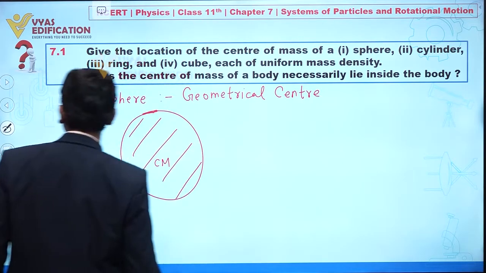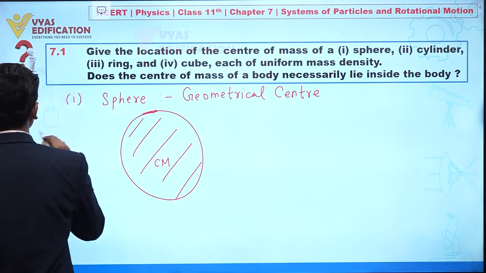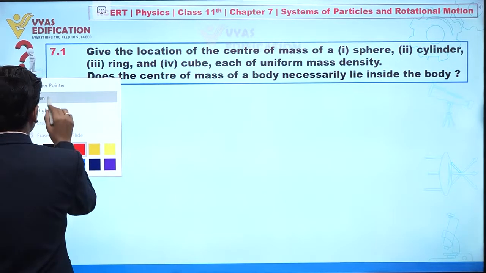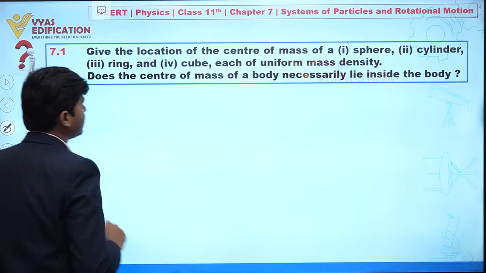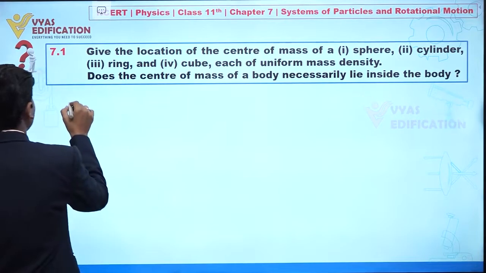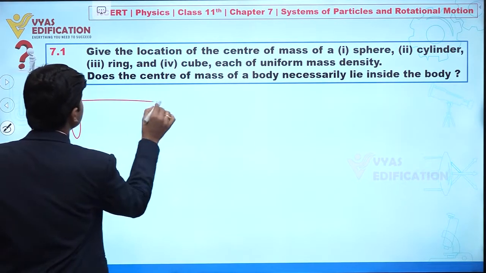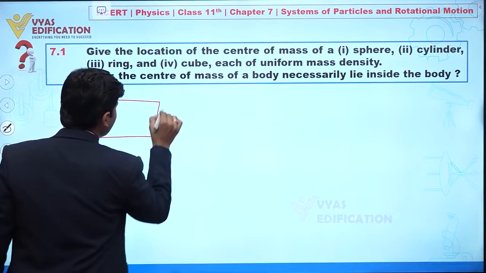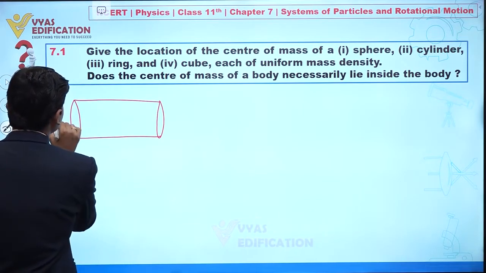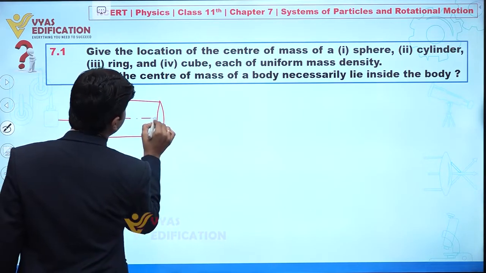Now if I talk about the cylinder, let's suppose this is a cylinder. You know very well this is the axis of this cylinder.